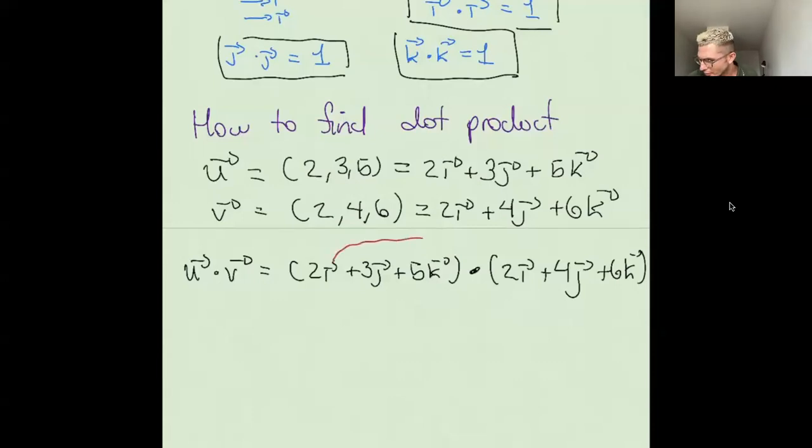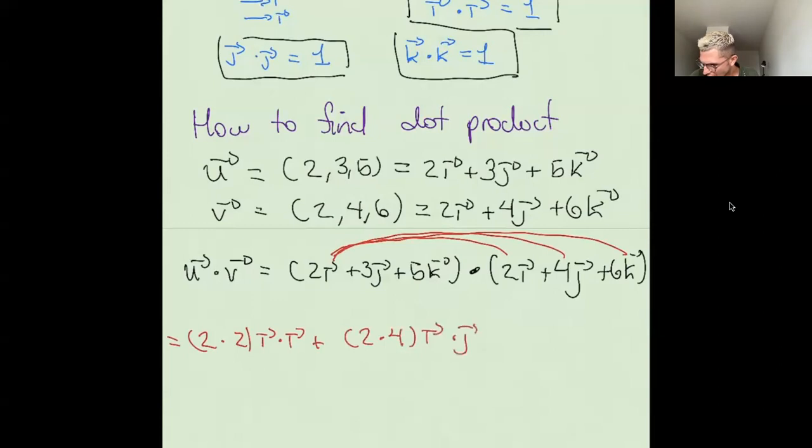So the red stuff would be 2 times 2 i dot i, plus 2 times 4 i dot j, plus 2 times 6 i dot k.